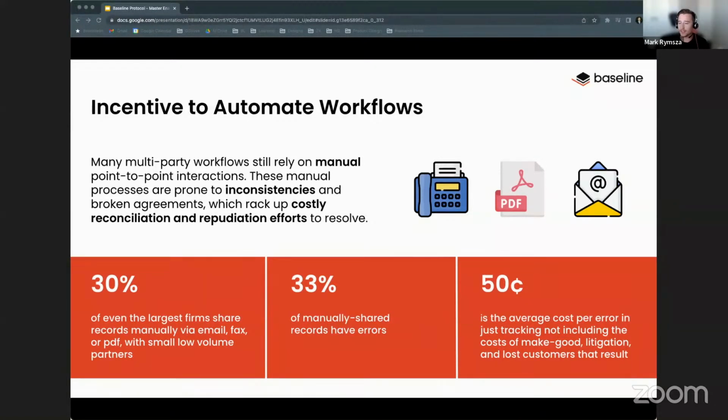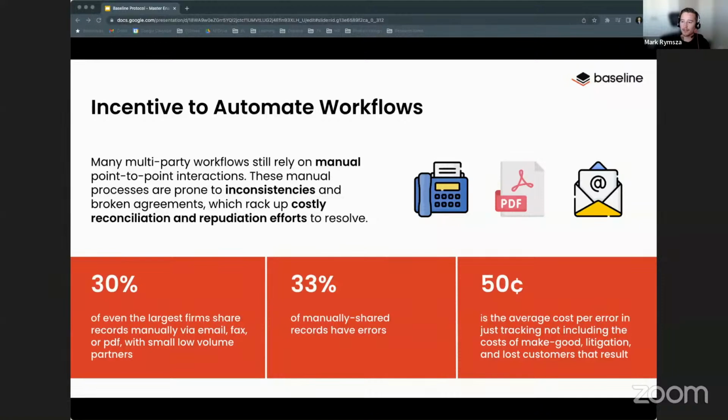Obviously with these manual point-to-point interactions, inconsistencies can show up if I send the wrong email, or put the wrong date on the calendar, or send out an invoice for services or anything like this. If any of this information is incorrect, it just racks up costs for the reconciliation and repudiation efforts that you need to undergo whenever these mistakes happen.